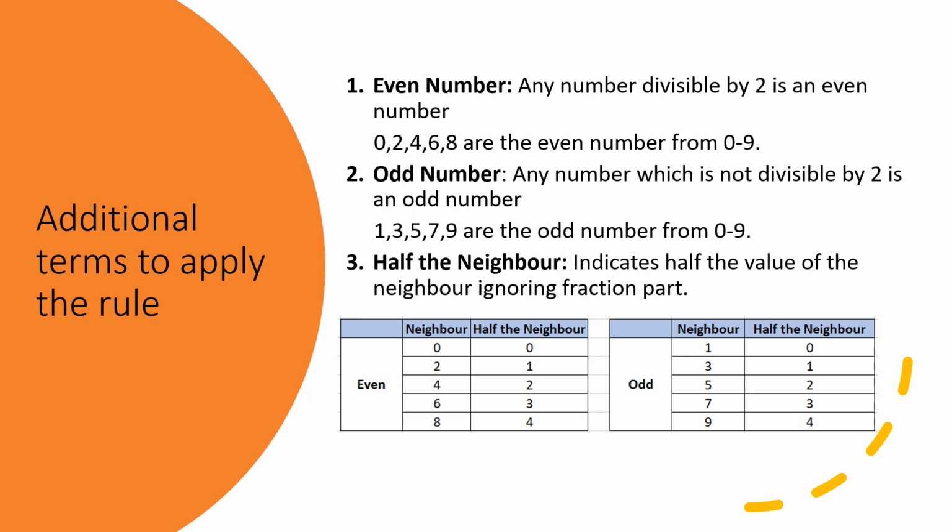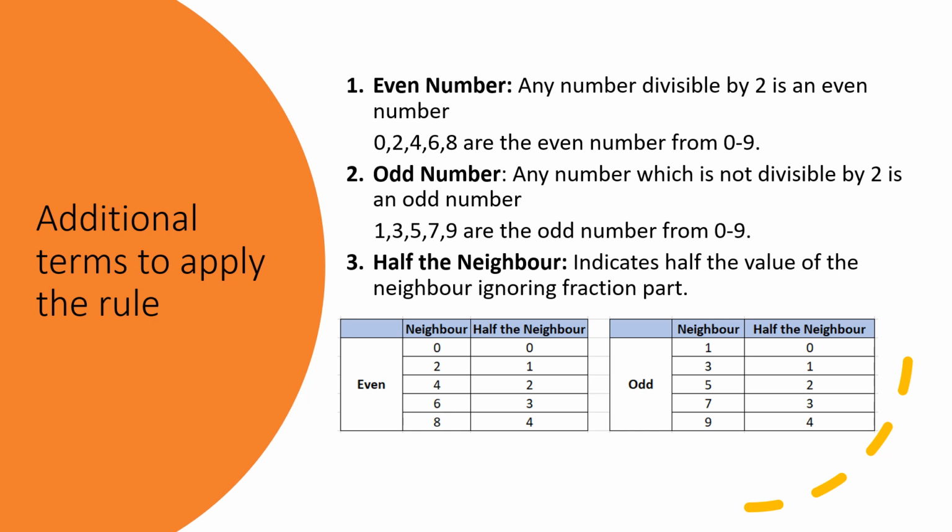Here we are going to use some additional terms to apply the rule for single digit numbers. An even number, as we know, is a number which is divisible by 2, and an odd number is a number which is not divisible by 2. From 0 to 9, we have 0, 2, 4, 6, 8 as the even numbers, and 1, 3, 5, 7, 9 as the odd numbers.